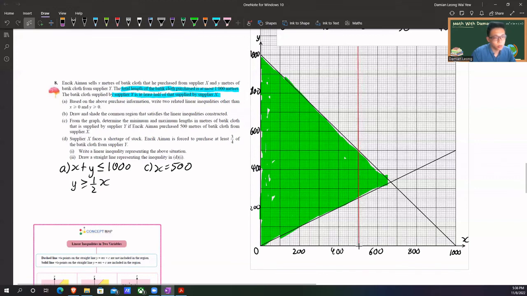We want to look at the minimum and maximum length of supplier Y. So what can Y be? The lowest Y can be is here, 250. More than or equal to 250, and less than or equal to 500 here. In between 250 to 500. That's the minimum and maximum length, basically. This is the Y minimum, this is the Y maximum.